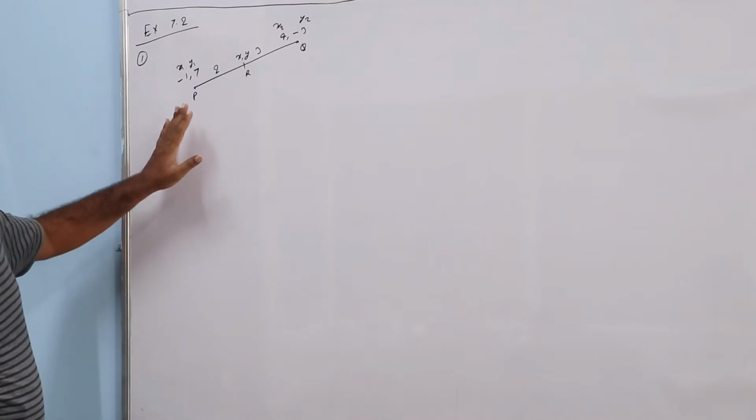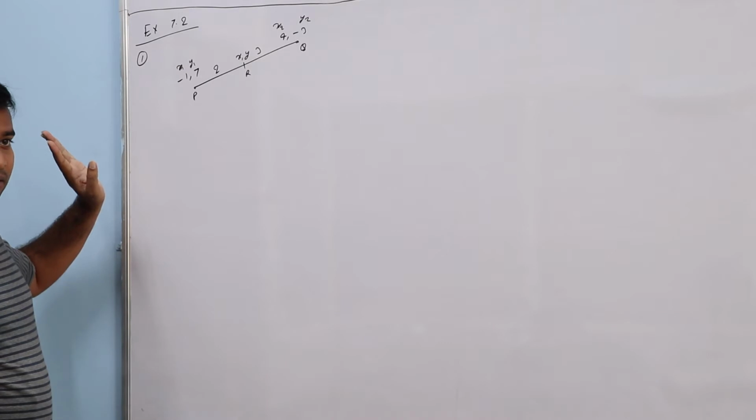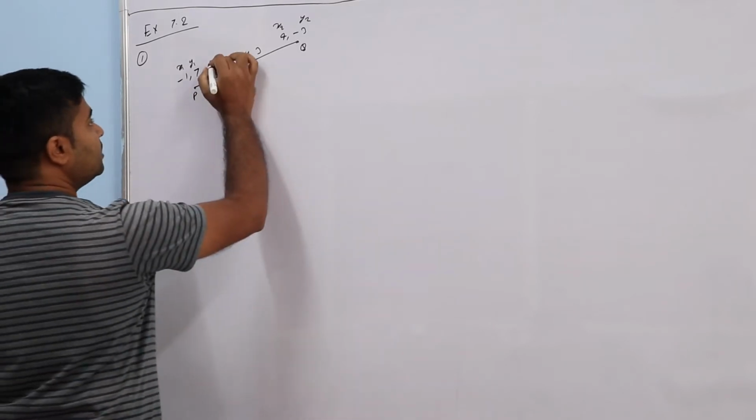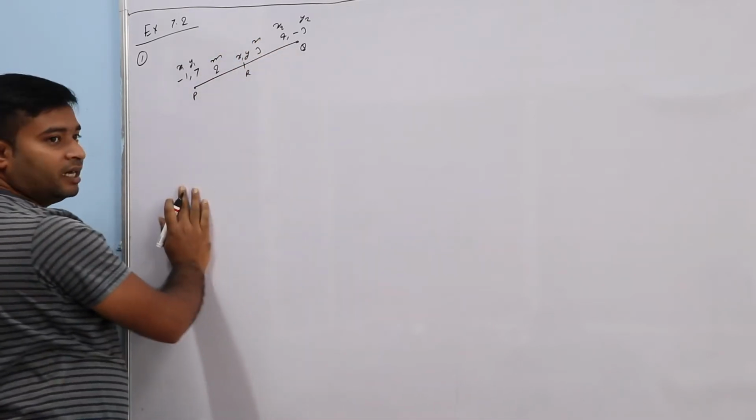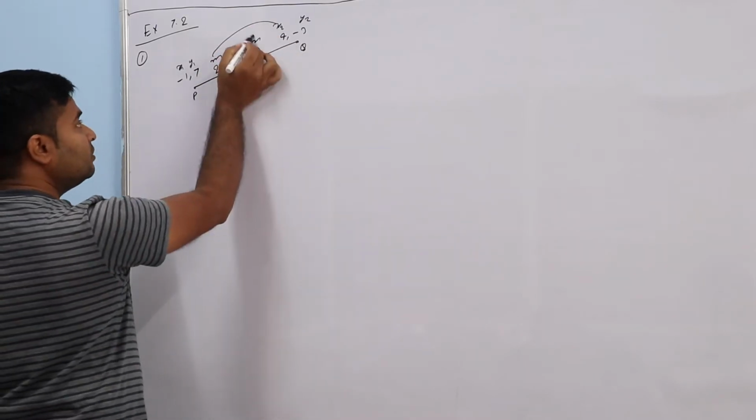One time I am writing the formula. Next time I will not write. Just remember, this is M, this is N. This one will go this side and this one will go this side.